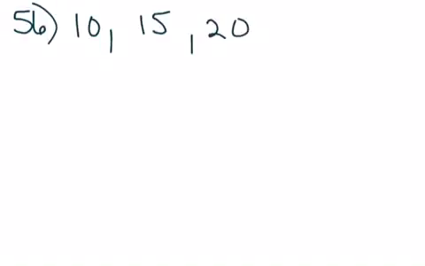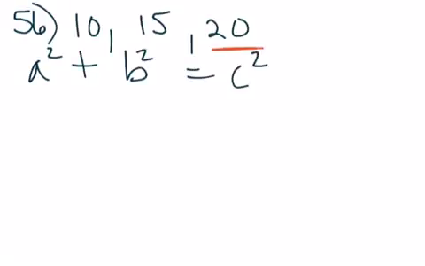We're still using Pythagorean theorem, but you have to determine which side is the longest. Well, I'm picking 20 to be the longest because that number is the largest. So Pythagorean theorem says a squared plus b squared equals c squared. Well, we're not sure it's equal, but we're going to plug it in.